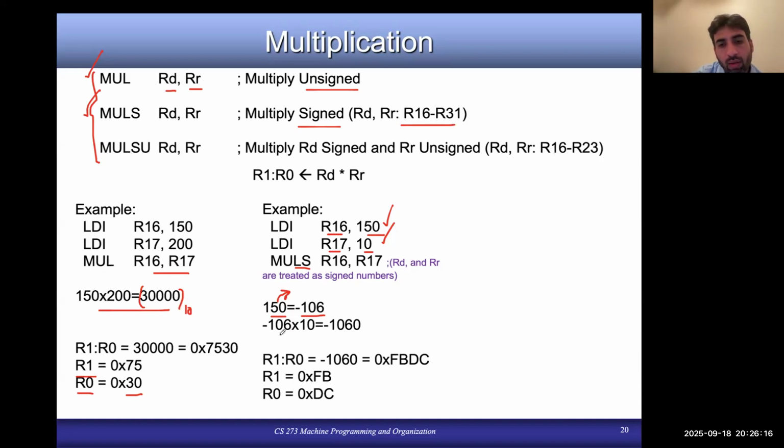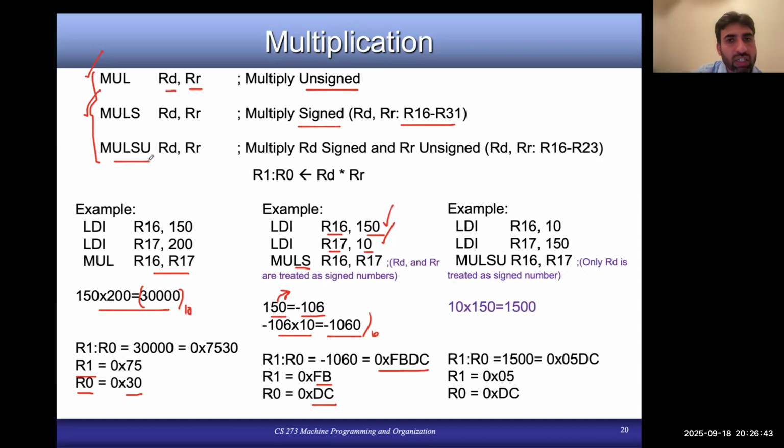So when you multiply, the result will be minus 1060. This result is in decimal form, right? So 0xFBDC is the 2's complement of 1060, and the lower half of the result is stored in R0 and the upper half in R1.